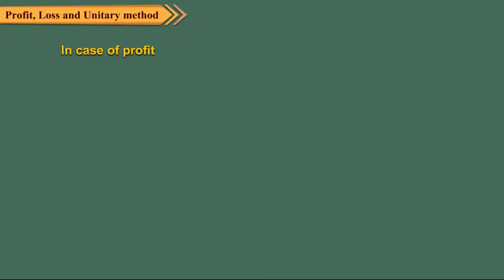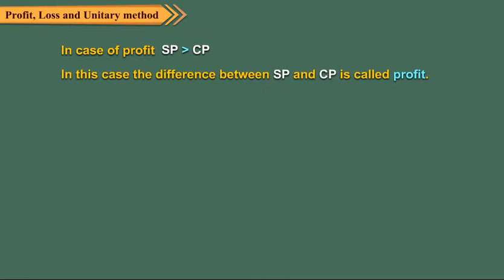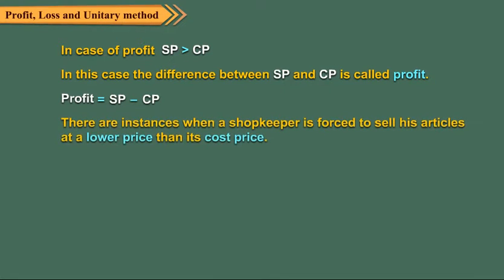So, in case of profit, selling price or SP is greater than cost price or CP. In this case, the difference between SP and CP is called profit. So, profit is equal to SP minus CP. There are instances when a shopkeeper is forced to sell his articles at a lower price than its cost price.